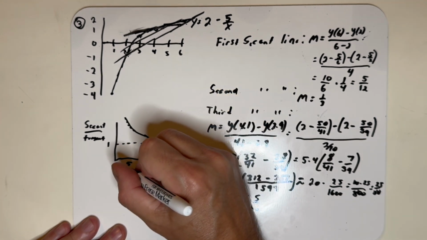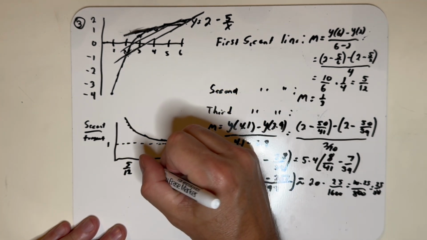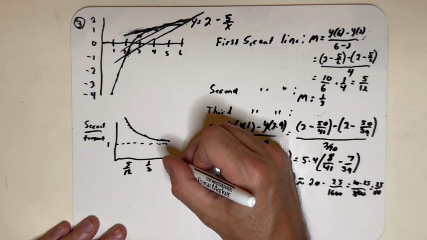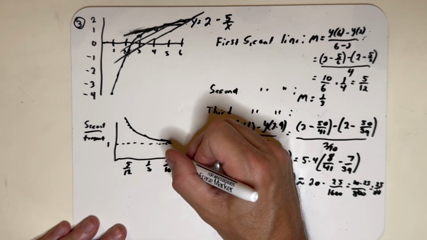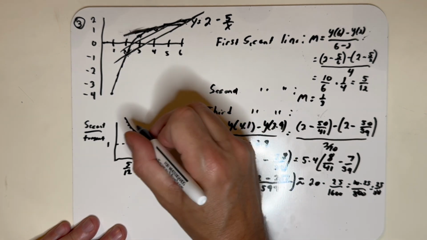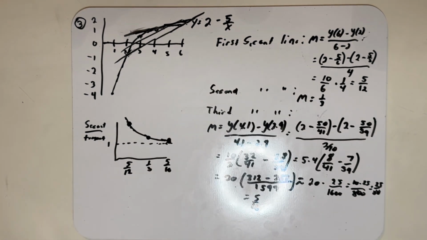So 5/12 was the first value we got, and then we got 1/3, and then we got 5/16, which is exactly the right value. So that's this point, this point, this point. So you can see as we move closer to that point of interest, x equals 4, the secant lines get closer to the actual tangent line slope.